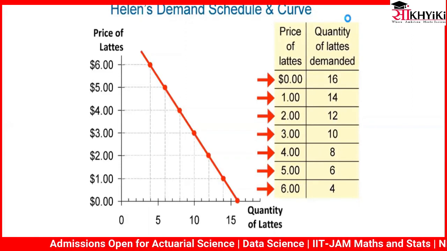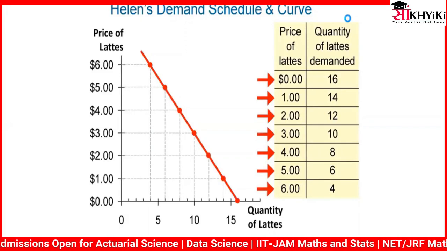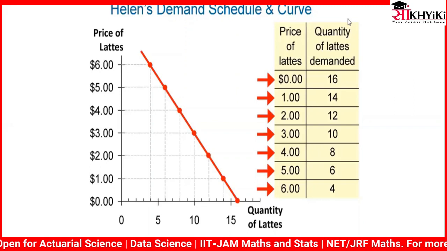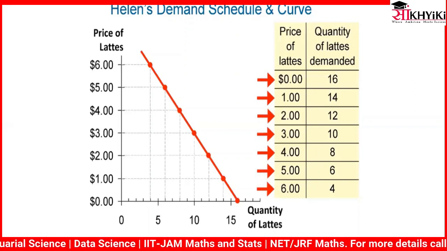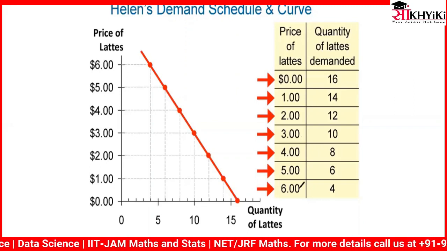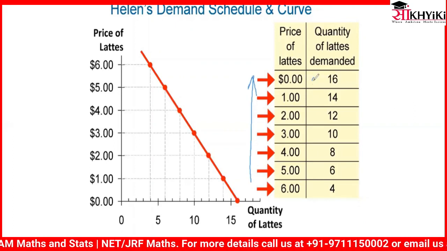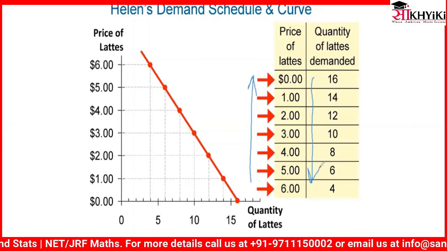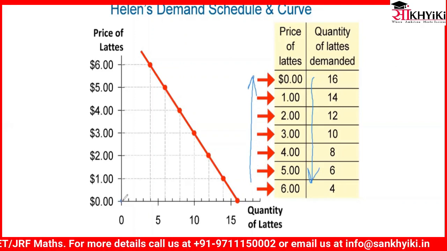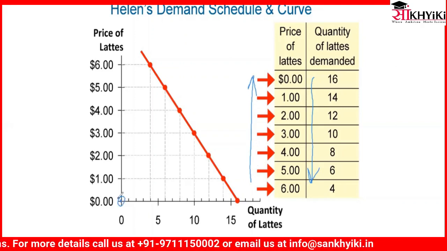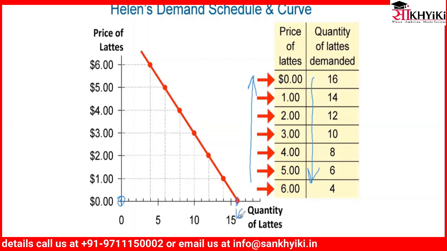So now we are going to plot this together. These are different prices, and as we can see, as the price is increasing, the quantity demanded is decreasing. So let's plot. When price is 0, the quantity demanded is 16. When price is 1, the quantity demanded is 14.